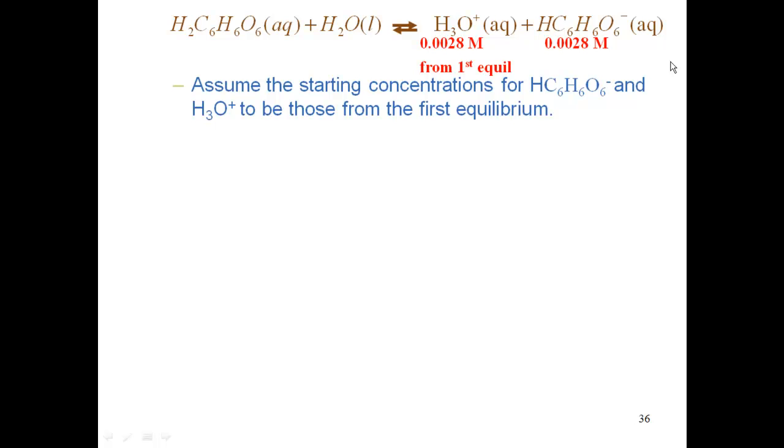So if you go back to our first equilibrium, we already worked this problem, and we know that we got 0.0028 molarity of hydronium coming from that, and we have 0.0028 molarity of the hydrogen absorbate ion coming from that first equilibrium. We need to take these values now and do that second equilibrium.